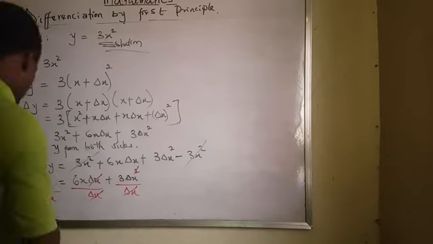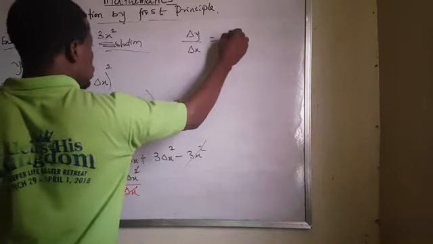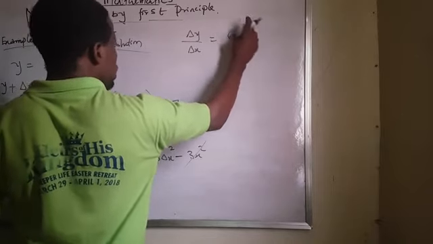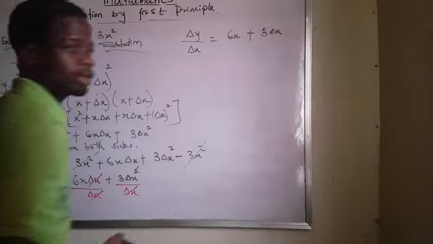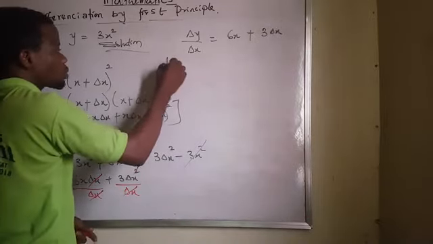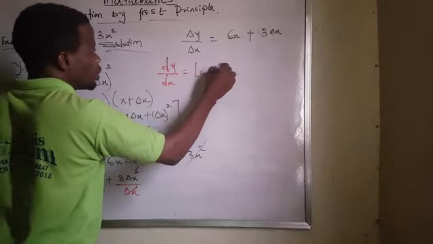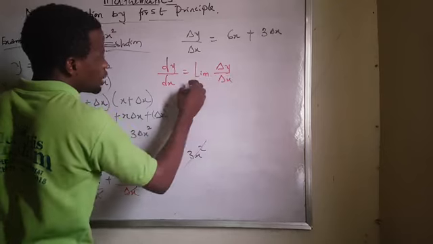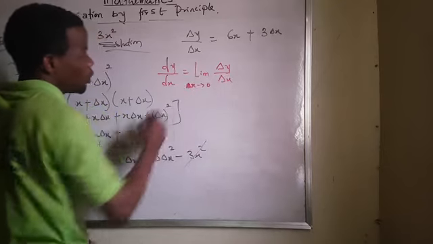So we can say we have change in y over change in x, which will be equal to 6x, nothing here again, then plus 3 change in x. We said dy dx is equal to what? Recall, dy dx is equal to the limit of change in y over change in x, as change in x tends to 0. Do you see that?